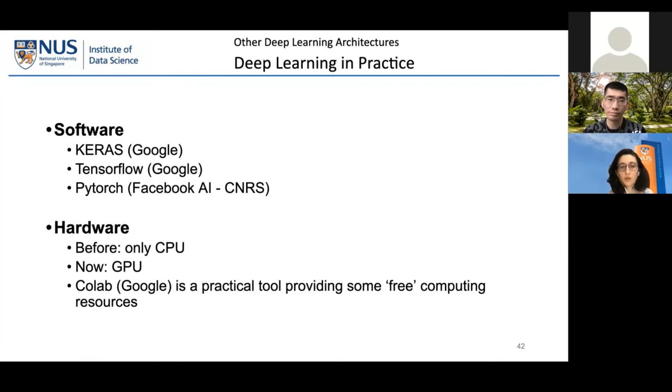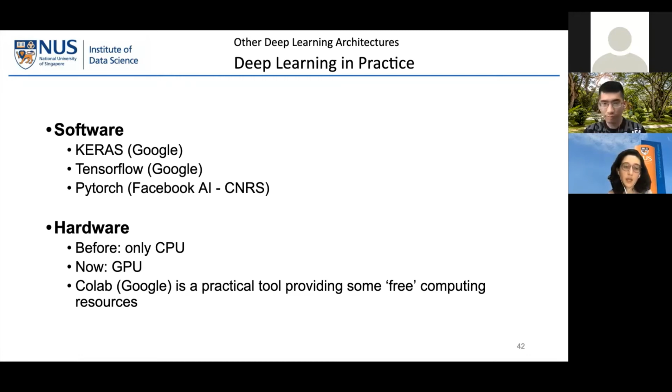But when you want to do more complex architectures, there are other softwares in Python. They are libraries developed in Python, like Keras, TensorFlow, and PyTorch, that are also well documented for deep learning.